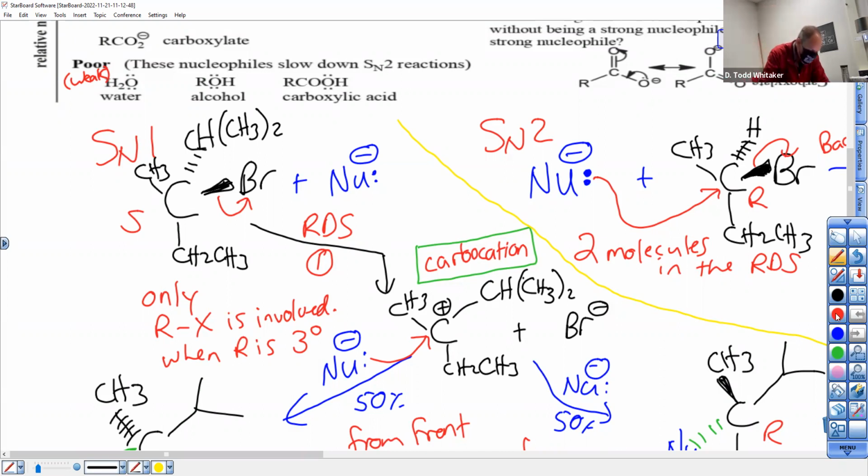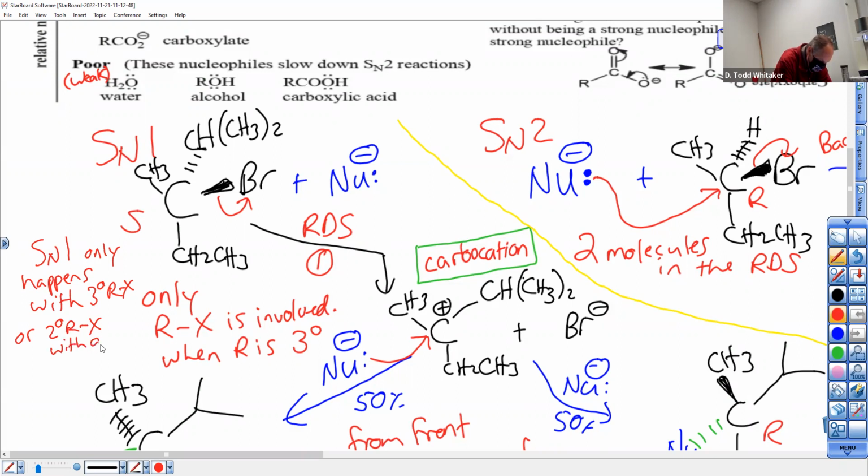SN1 only happens with tertiary RX or secondary RX with a polar protic solvent.